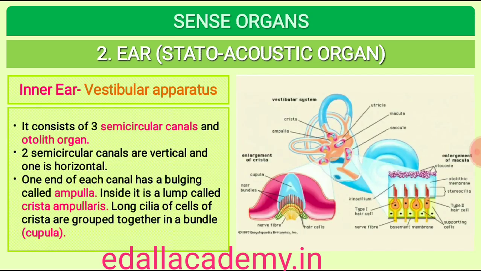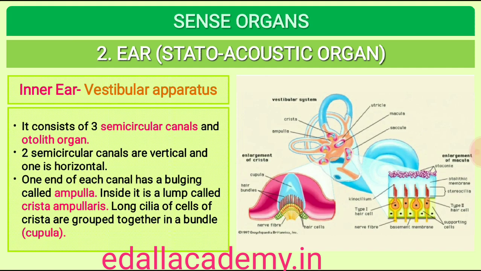The inner ear also contains a complex system called vestibular apparatus, located above the cochlea. The vestibular apparatus is composed of three semicircular canals, and the otolith organ; the macula is the sensory part of saccule and utricle. Each semicircular canal lies in a different plane at right angles to each other. The membranous canals are suspended in the perilymph of the bony canals.